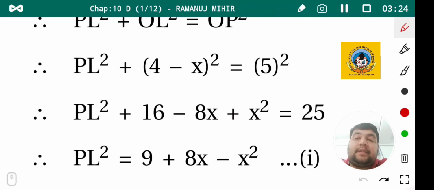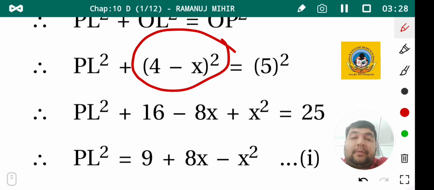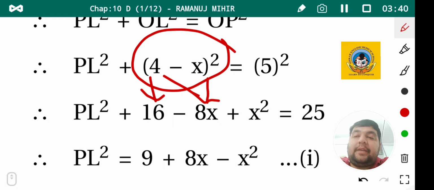Now expand this using the rule (a minus b) whole square. That is a square, meaning 4 square is 16, minus 2ab, meaning 2 times 4 times x, which is 8x, and the last term b square, that is x square, which will be positive.